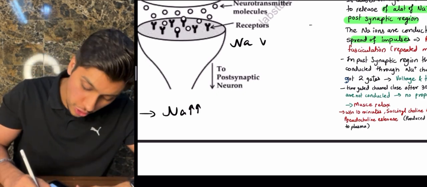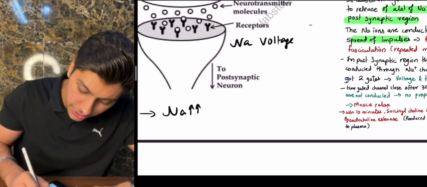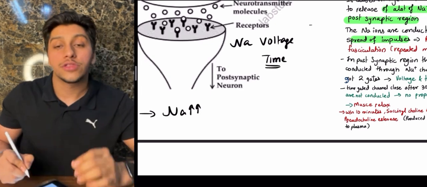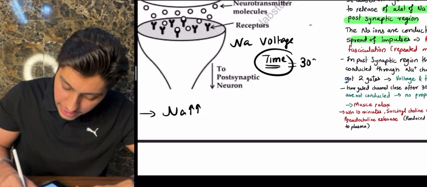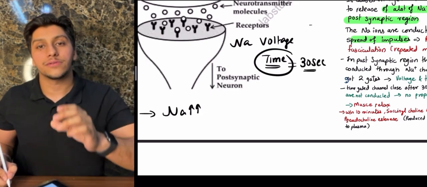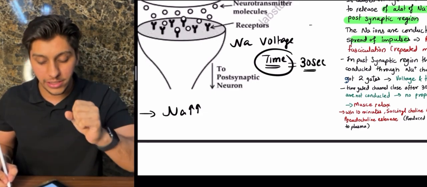One is going to be your voltage gated, and the other one is going to be your time gated. The voltage gated is going to be open, but the time gated is only open up to 30 seconds. So after this 30 seconds, the sodium channel is closed.